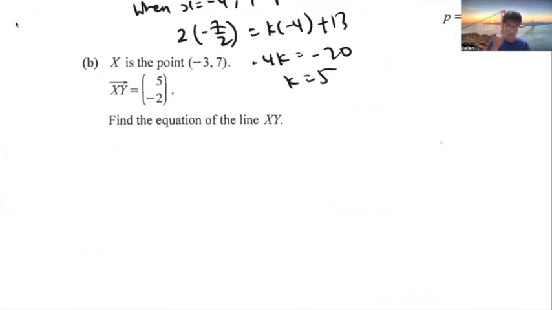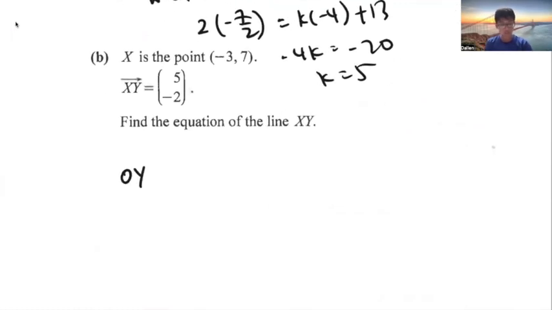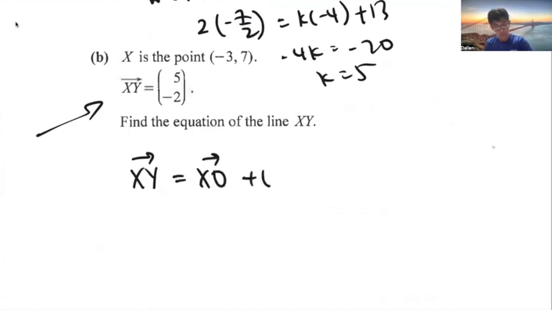For this, I believe the fastest way is just to find OY, to make things easier, because if you use vectors, it may get very complicated. So XY equals XO plus OY.